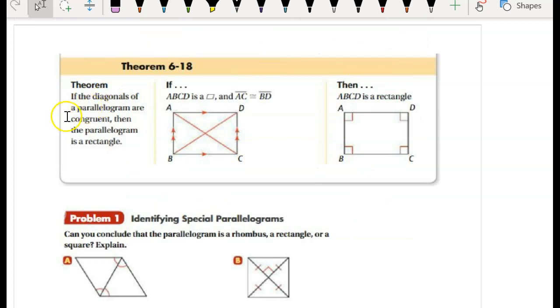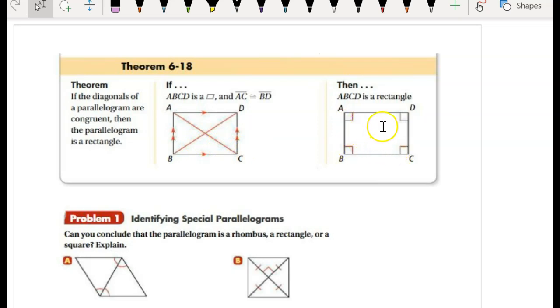Now we have theorem 618. If the diagonals of a parallelogram are congruent, then the parallelogram is a rectangle.